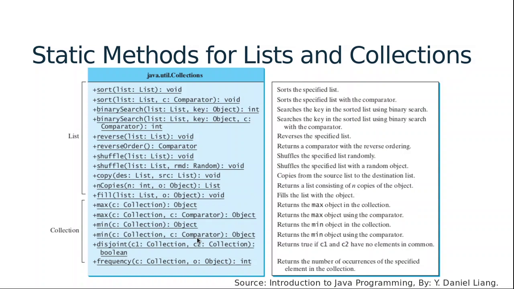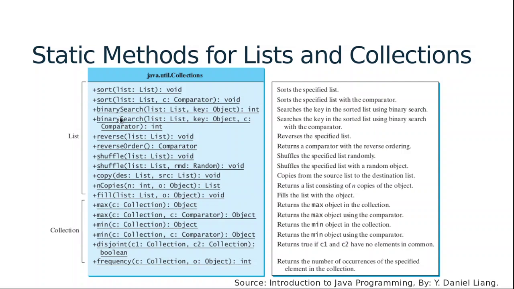Then there is a disjoint method which will simply check whether the given two collections are disjoint or not, meaning none of these two have a common object. Then there is a frequency method which will simply count the number of occurrences of the given object in a collection. So these are a few common static methods which work on a list or a collection.